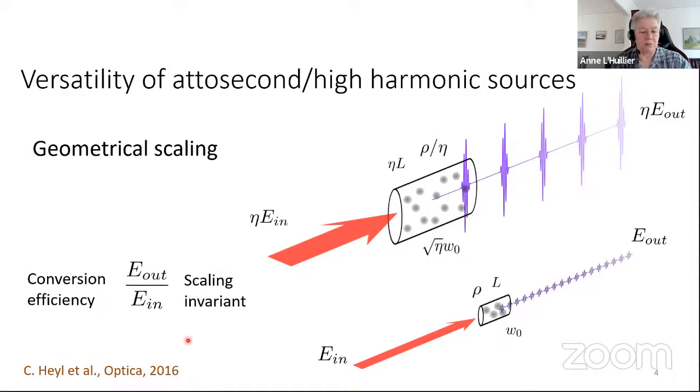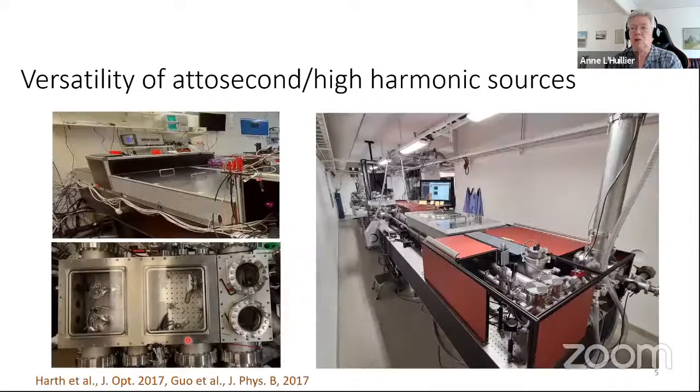And this really explains the diversity of the sources that you can find, from very compact sources, as you can see here, where you have a laser, which is an optical parametric chirped-pulse amplification system, which is just on one optical table. And this is the harmonic generation setup with a rather tiny gas jet.